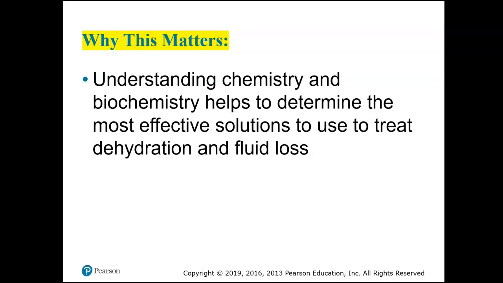Another thing is that the other chapters are going to have some chemistry and biochemistry in them, just randomly. So in different chapters you need to know information from chapter 2. In other chapters, there are a lot of different examples. I mean, they gave you dehydration and fluid loss, which would be found in the urinary system.